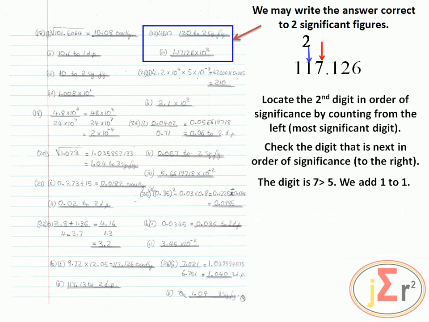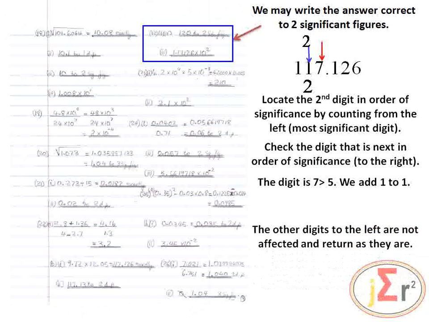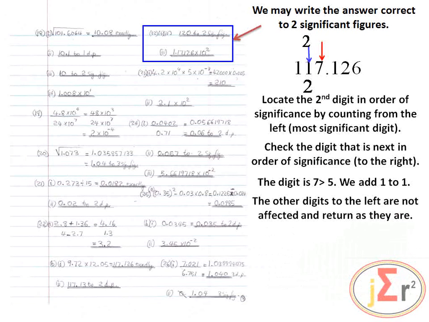The digit is 7, which is greater than 5. We therefore add 1 to the digit in question. If it were 5, we would still add 1 to that digit. And 1 plus 1 is 2. The other digit, in this particular case a single 1, is not affected and returns as it is.